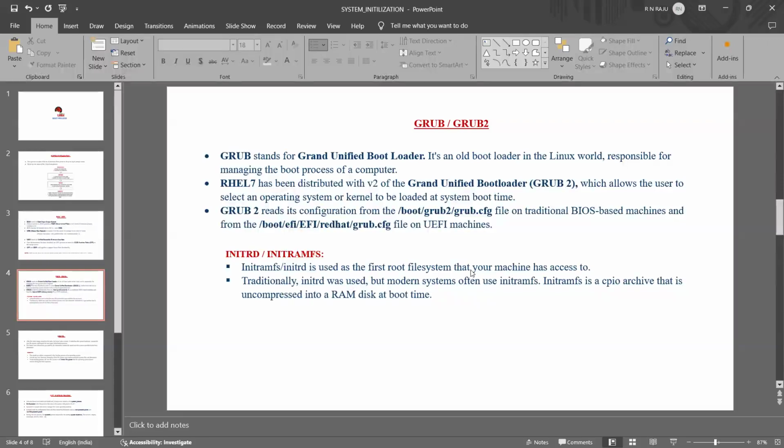What is the first root file system? Your slash is the first root file system. In this stage, the operating system will load the top level working directory, which is called slash. Traditionally, initrd was used. That means older OSs use initrd, but modern operating systems use initramfs. The initrd file is in a compressed zip file format, but initramfs uses a CPIO archive that is uncompressed into a RAM disk at boot time.